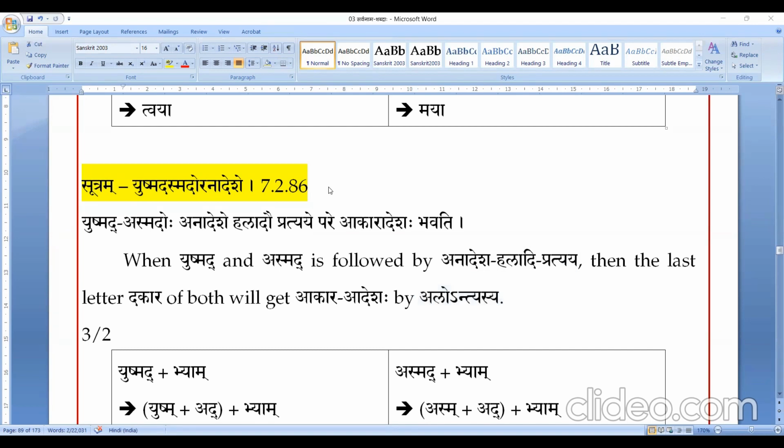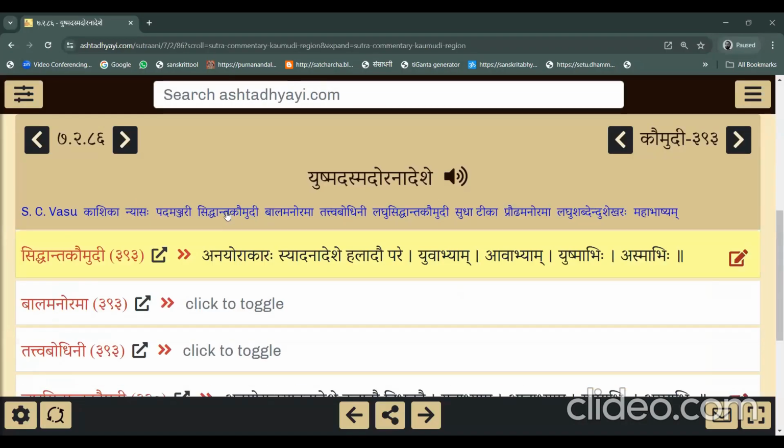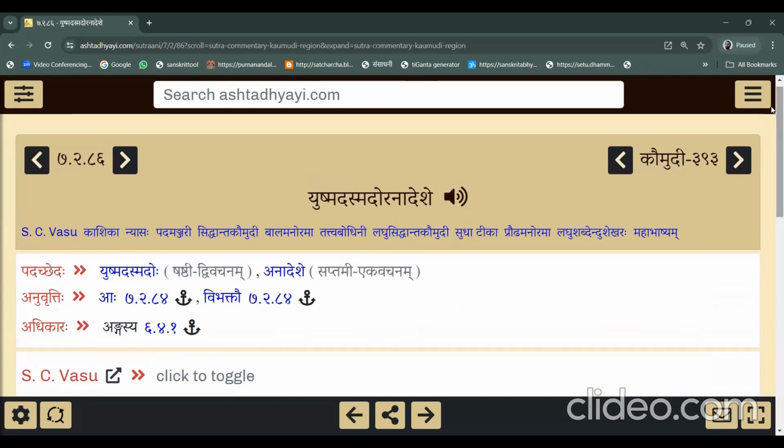The Siddhanta Kaumudikara says haladi, but it is not there in the sutra. If you see, the sutra reads: Yushmadasmadoho anadeshe vibhakti pratyaya pare.